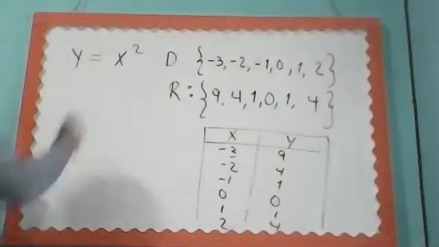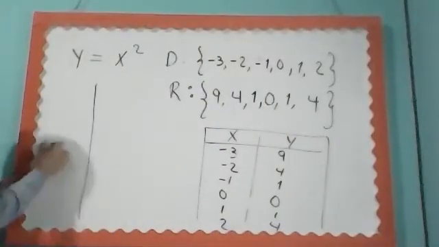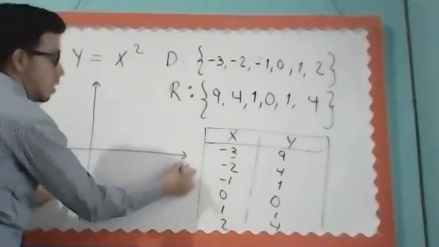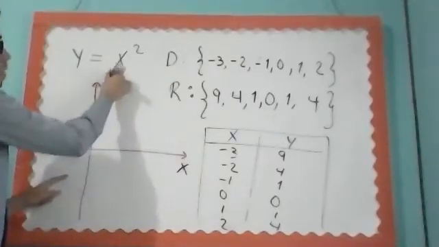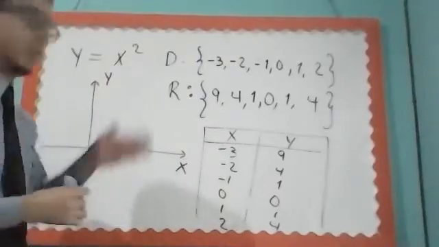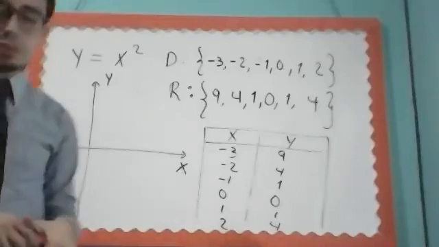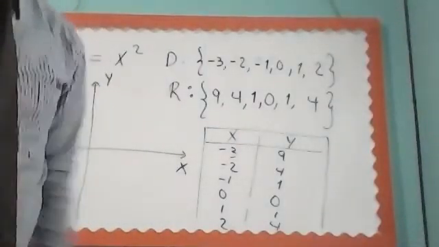Okay, now we need to graph this function. I'm going to draw. You know that this is the axis of the x and this is the axis of the y. The vertical one is y and the horizontal one is x. So we need to place the points.